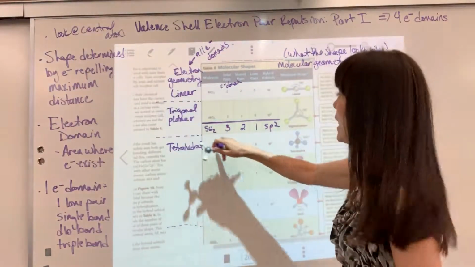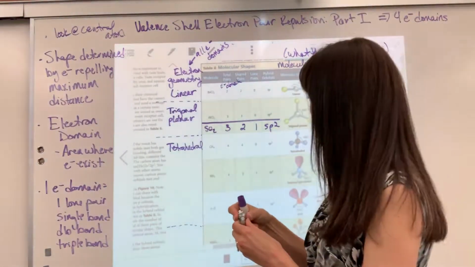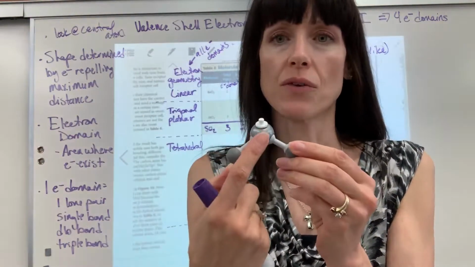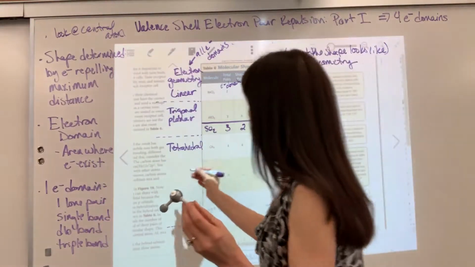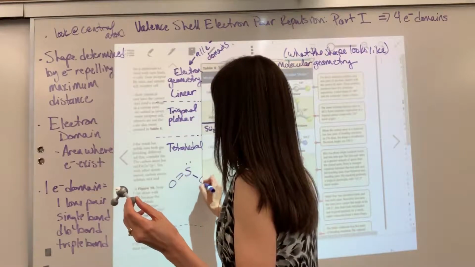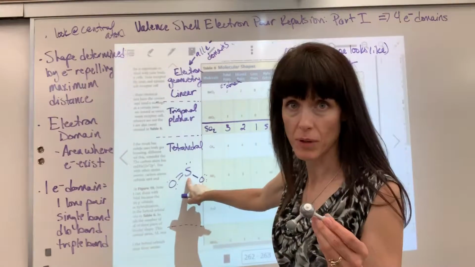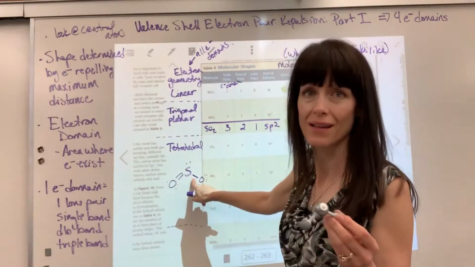Now, I wrote this one in. We're going to take sulfur dioxide. So here it is. You'd have the sulfur in the middle, and you can draw the Lewis dot structure for this to see it. You'd have sulfur, double bonded oxygen, single bonded oxygen. If I count around that central atom, I've got 1, 2, 3 electron domains.